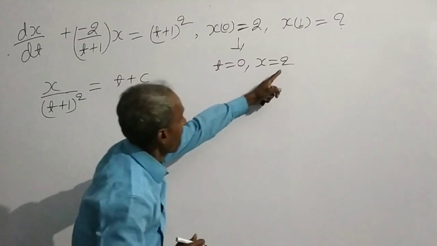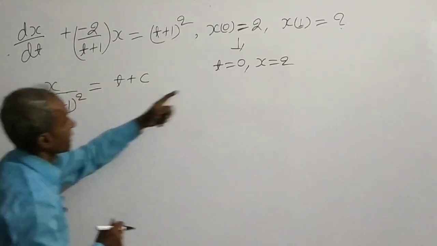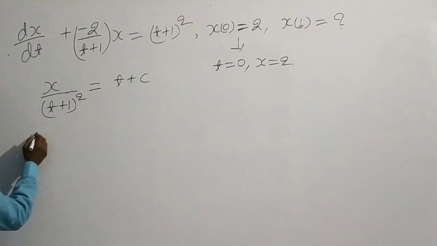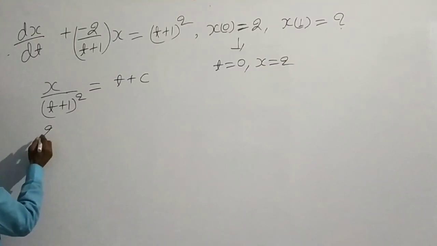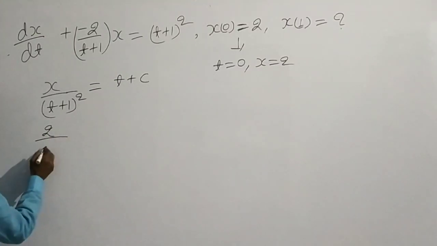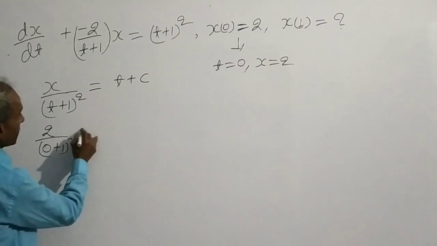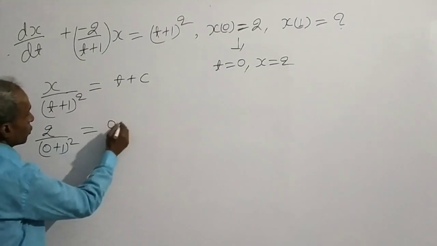Therefore, we will write 2 in place of x and 0 in place of t. 2 by 0 plus 1 square is equal to 0 plus c.